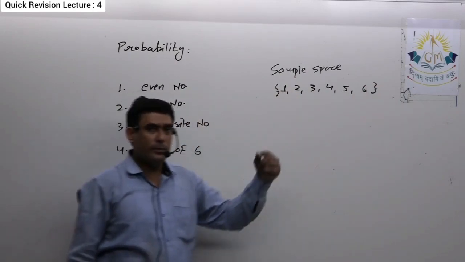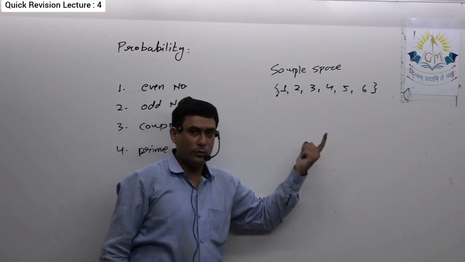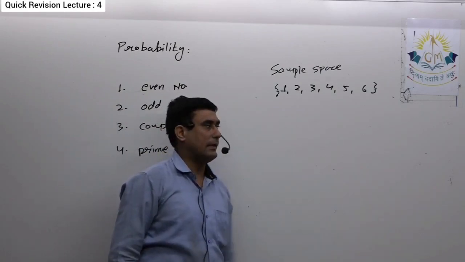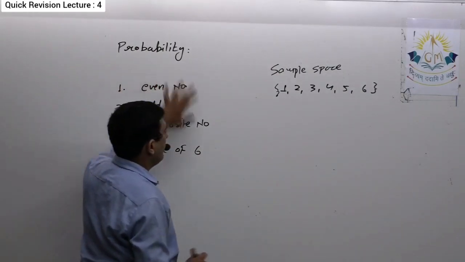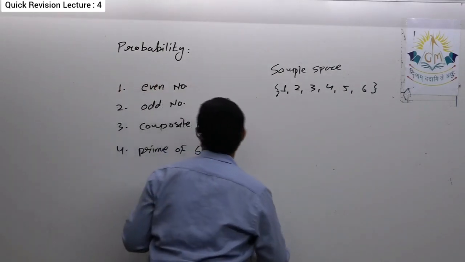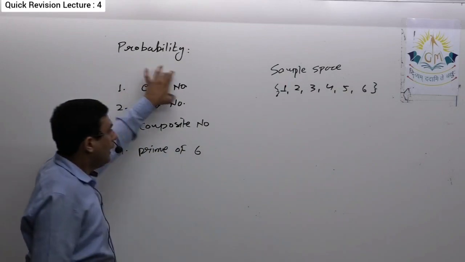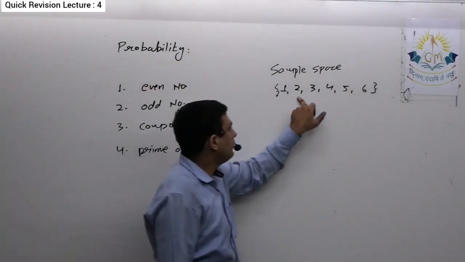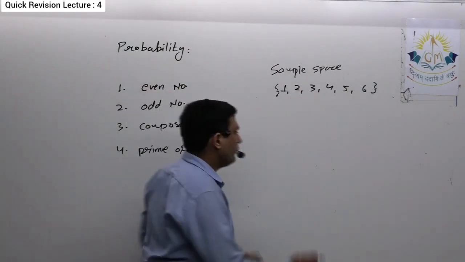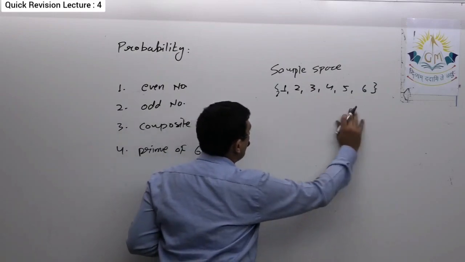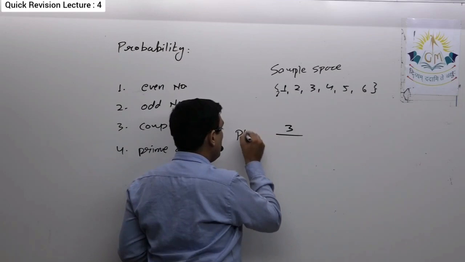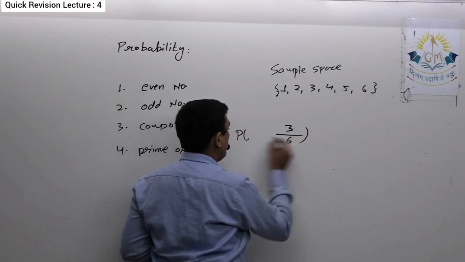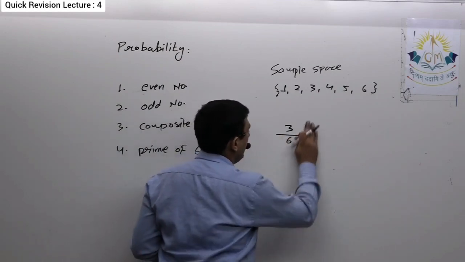That means it is possible that we'll get 1, 2, 3, 4, 5 or 6. Now, to find the probability of an even number: how many even numbers are there? 2, 4 and 6, there are 3. So the number of favorable outcomes is 3, and the number of total outcomes is 6. So the probability will be 1 by 2.